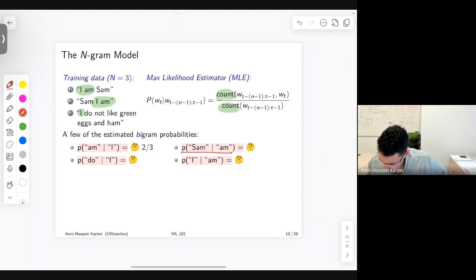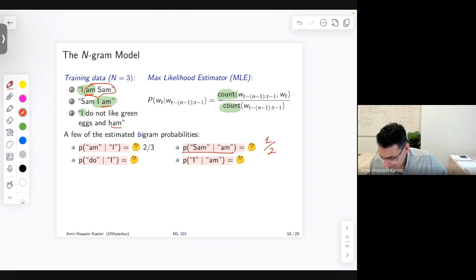Okay, so in this case, we have 2 instances of "am", so our denominator would be 2. And "Sam" is only following "am" once, so it's 1/2. Now, I would accept also if you say that "am" is present in "ham" and that's not followed, but let's assume we're talking about whole words and not part words. Okay? Ignore that for a second.